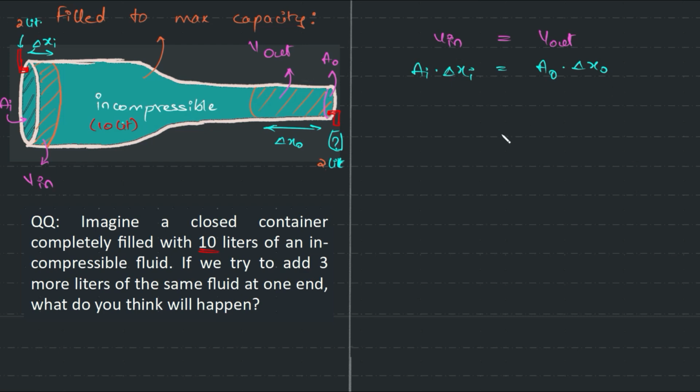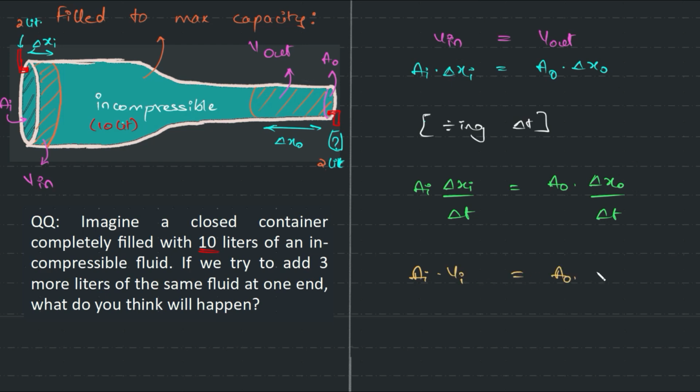Is that correct? Now I'm going to divide delta t on both sides. So what do I have? AI delta xi by delta t is equal to AO delta x naught by delta t. And this represents velocity, and this represents velocity. What kind of velocity? We will talk about all of that, but with this, can I make one statement?